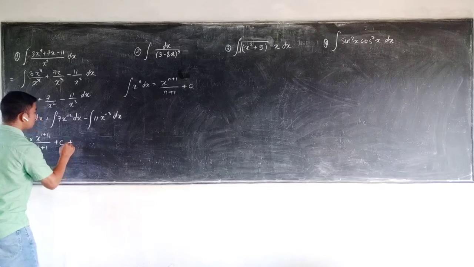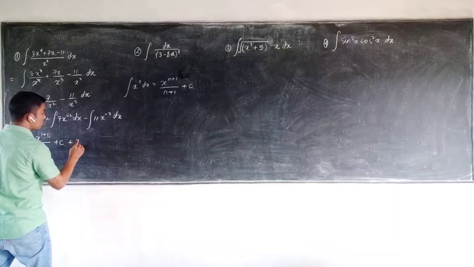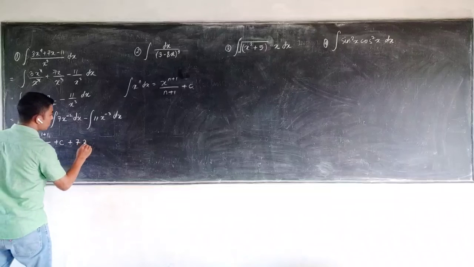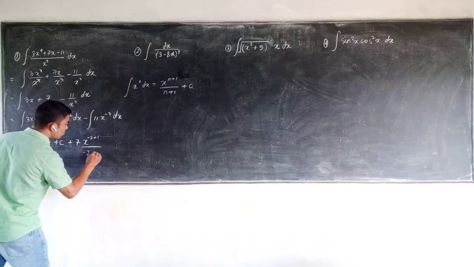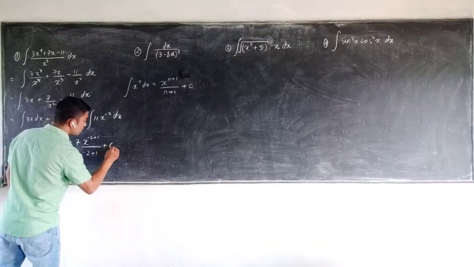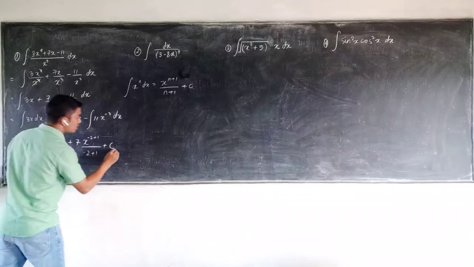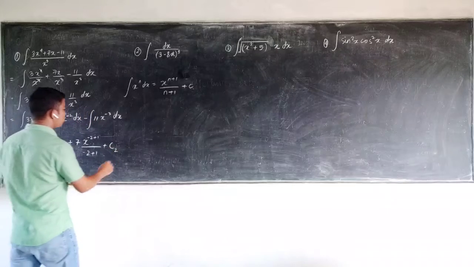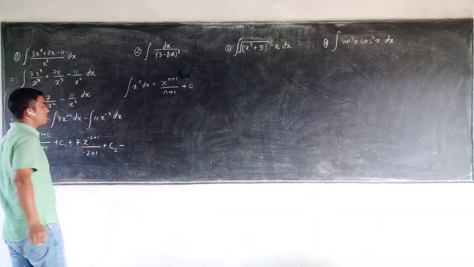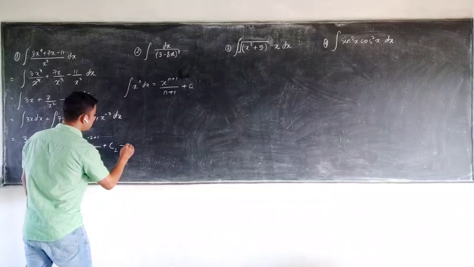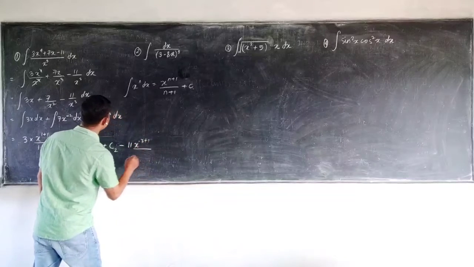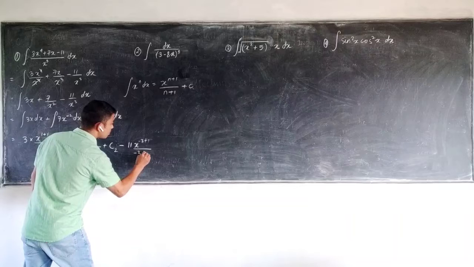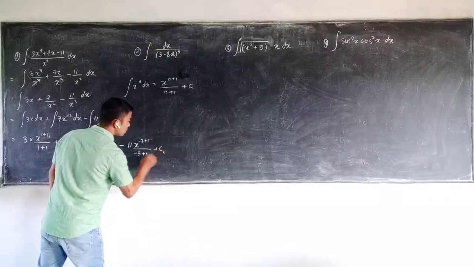The second is plus integration of this, where 7 comes out of the integral sign, and it will be x to the power minus 2 plus 1 divided by minus 2 plus 1 plus c. I'll write c1 here and c2 here. And finally, minus integration of 11x to the power minus 3 will be 11 times x to the power minus 3 plus 1 divided by minus 3 plus 1 plus c3.